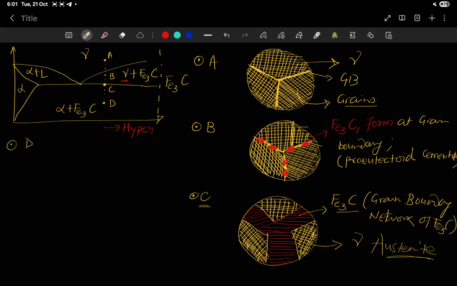So what is going to happen? First, draw a circle, and what is going to happen?